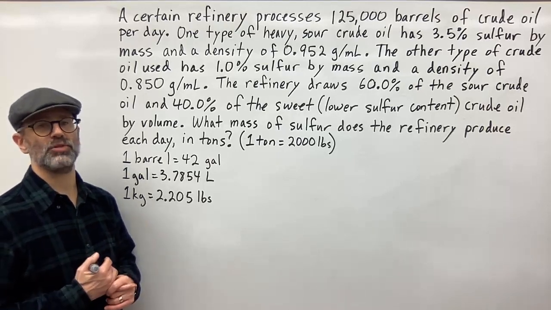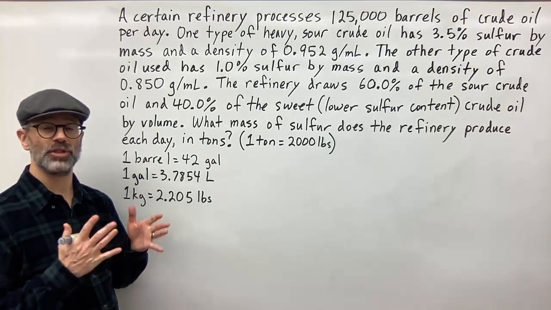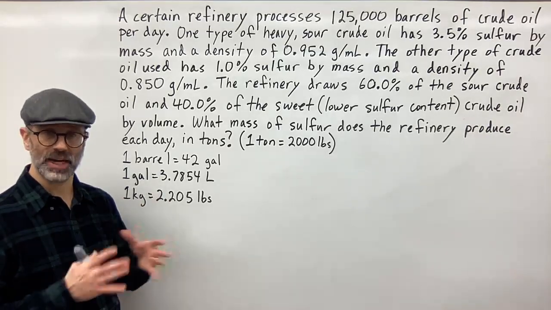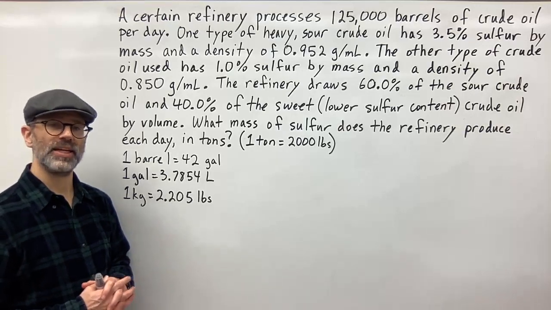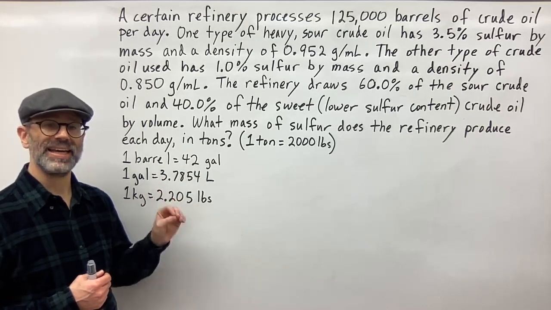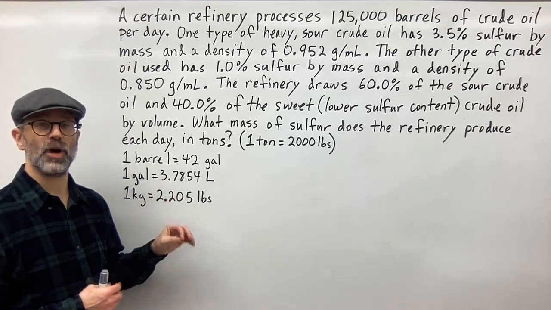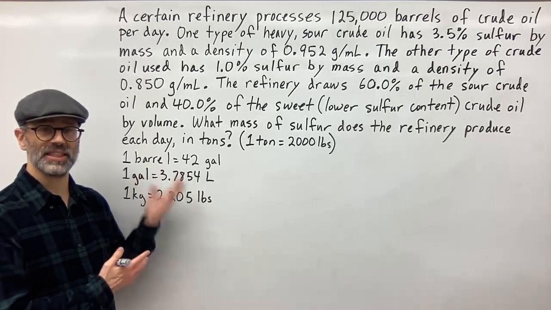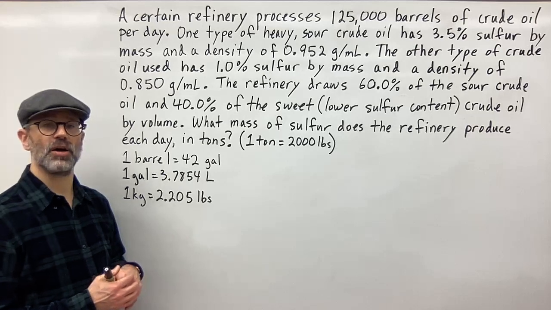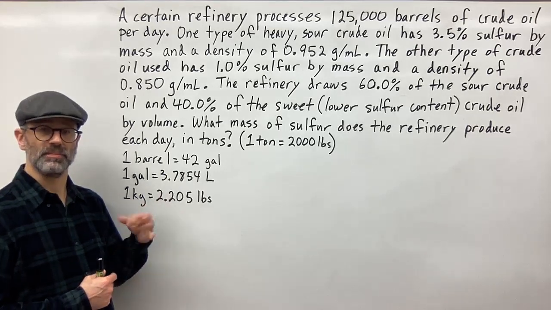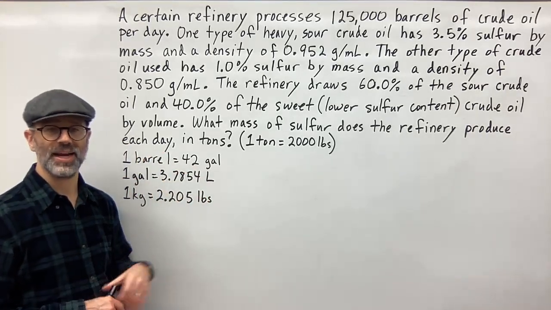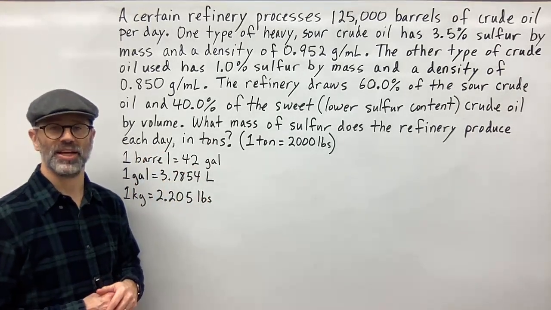So what we need to do is break this down into 2 separate conversions, and these are going to be long, multi-step conversions. So we need to know the amount of sulfur in tons produced from the sour oil, which is 60% by volume, and the number of tons produced from the sweeter kind of crude oil that has a lower sulfur content, and that's 40% brought in by volume.